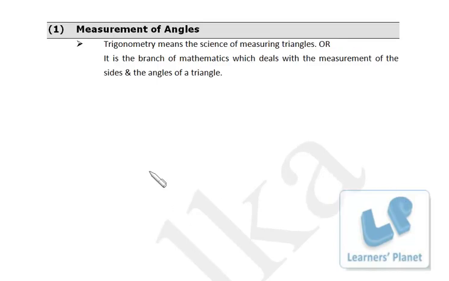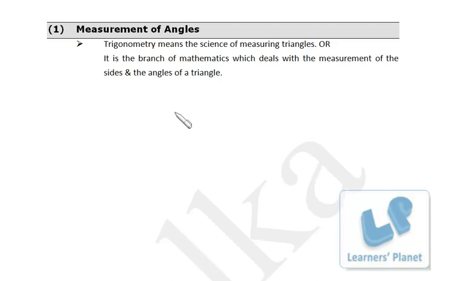Now first of all, let's discuss what exactly trigonometry is. Trigonometry means the science of measuring triangles, right? Or it is a branch of mathematics which deals with measurement of sides and angles of a triangle, right? Till last year, we used to connect trigonometry with a right angle triangle, right?